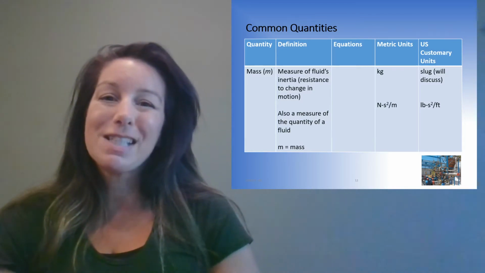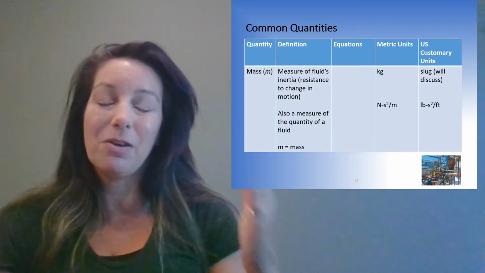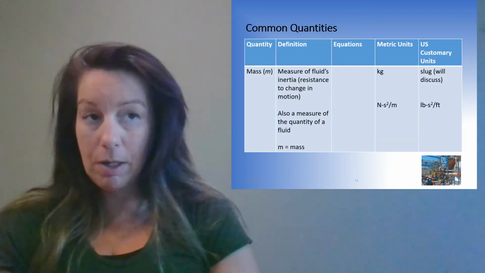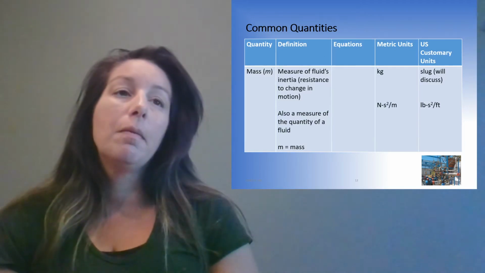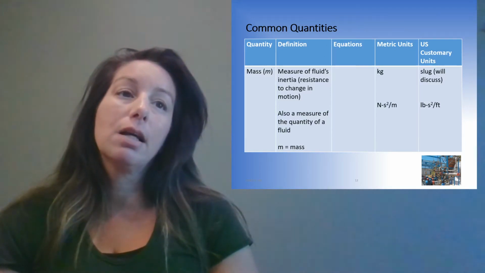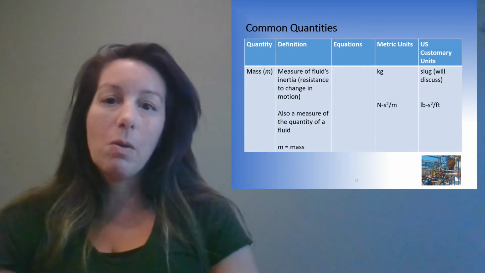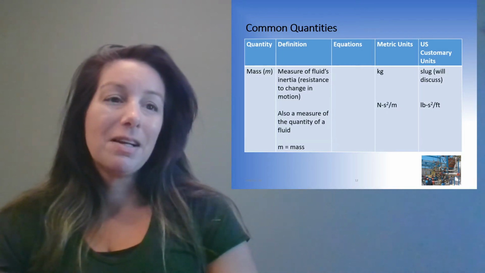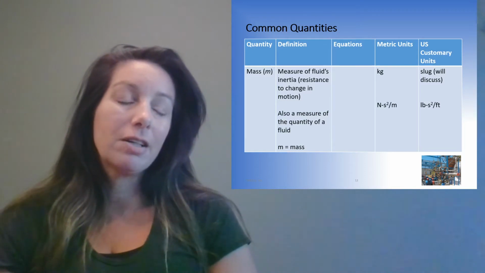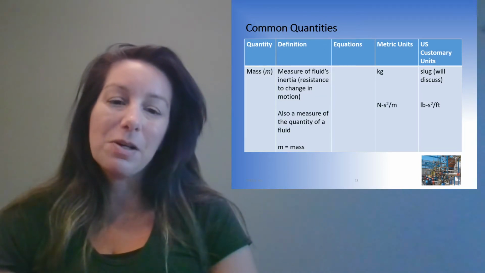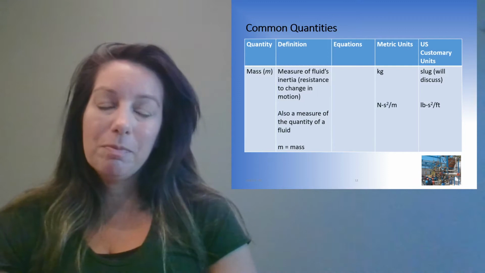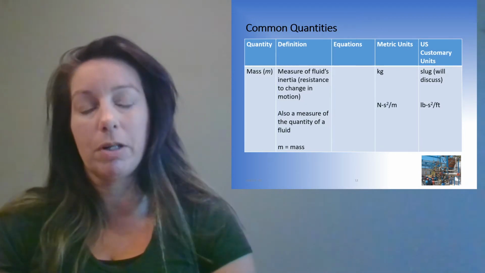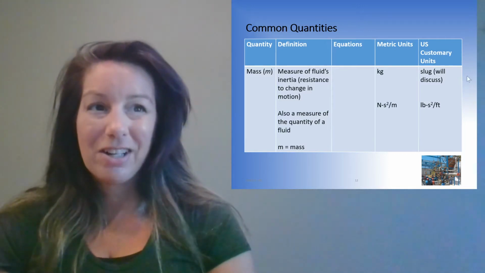Because force equals mass times acceleration, the units come out in newton seconds squared per meter. And something called a slug. Again, we'll go into that a little bit more later on, like what is a slug, not just the green thing you see in the garden. For use of units, it's pounds second squared per foot, but nobody generally calls it that.